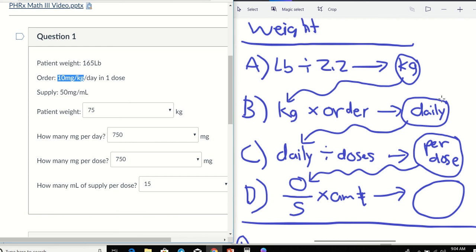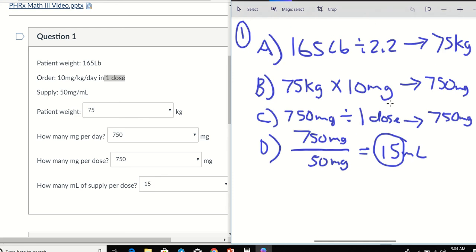Sometimes we'll give it all at once. Sometimes we'll divide it in multiple doses. So in our example here, it's just one dose. So in step C, you take the daily amount divided by the number of doses in a day, and that will give you the amount of drug per dose to give. That is also your order per dose. And from last week, you figured order over supply times the amount will give you the amount of supply per dose.